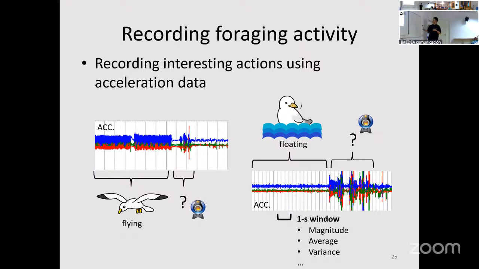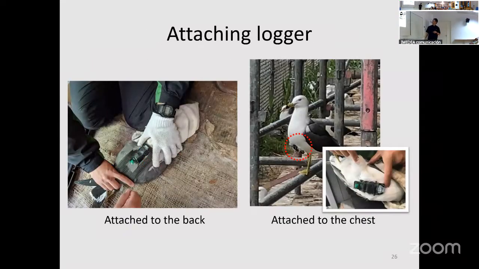Therefore, in this study, they labeled a randomly fluctuated segment as the target behavior. And when the decision tree detects such fluctuations, we turn on the video.